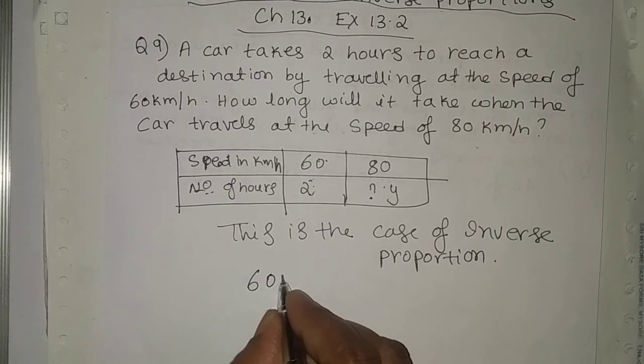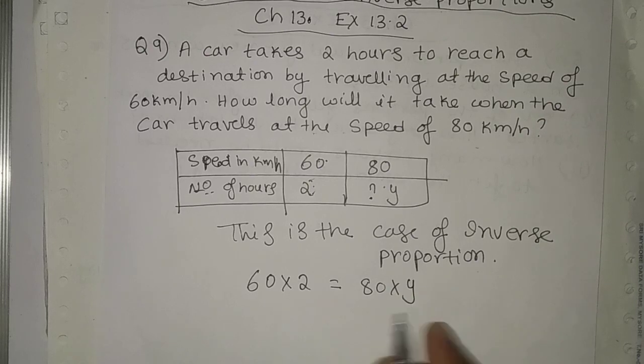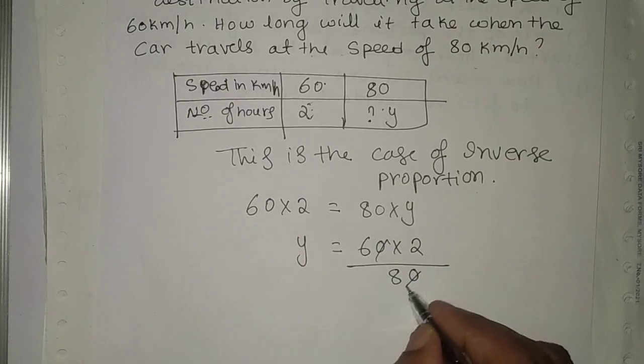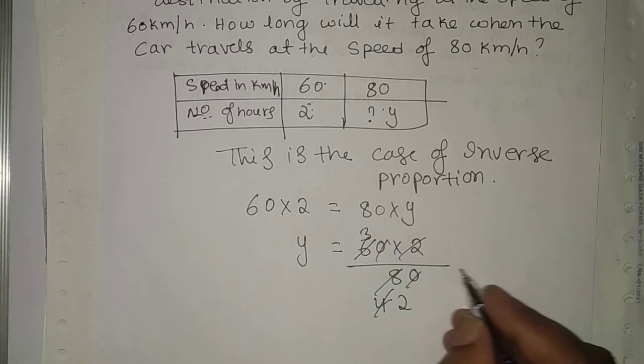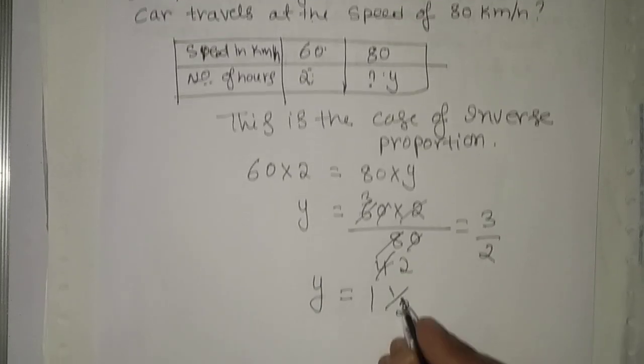Therefore, 60 into 2 is equal to 80 into y. Y is equal to 60 into 2 by 80. Simplify this, we are getting 3 by 2, which is equal to 1.5. You can write it as 1.5.